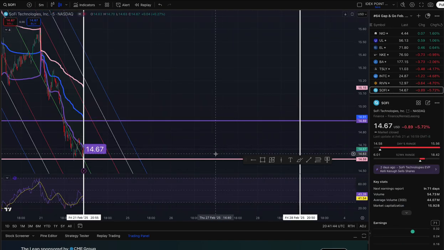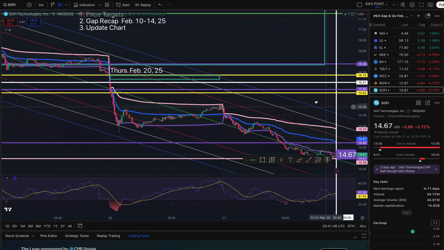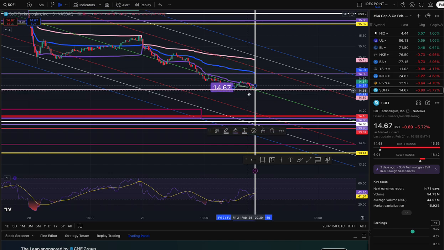Okay, one more, SoFi. $14.67. My stomach is growling. I need to go eat. Okay, to the north side, VWAP is in the blue at 14.91. Oh, I need to get rid of that. All right, 15.02, 15.23, 15.44.